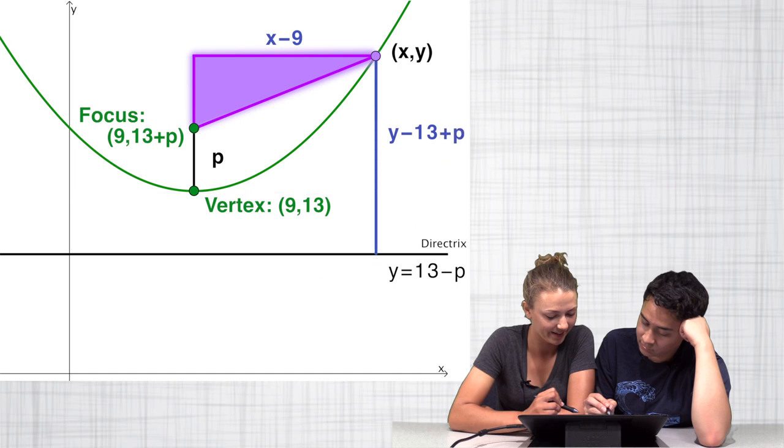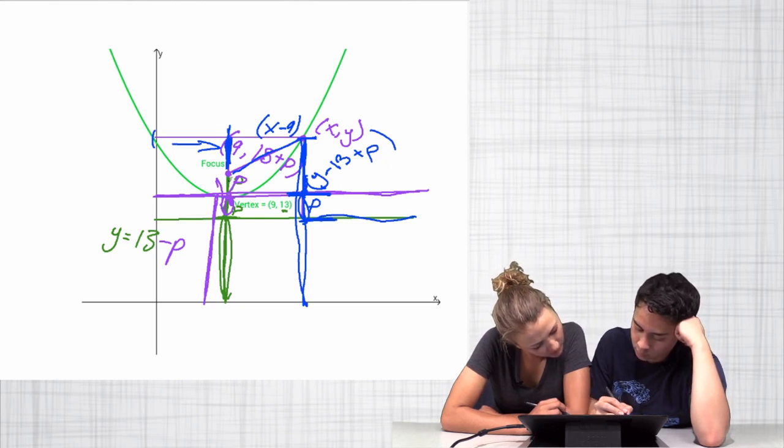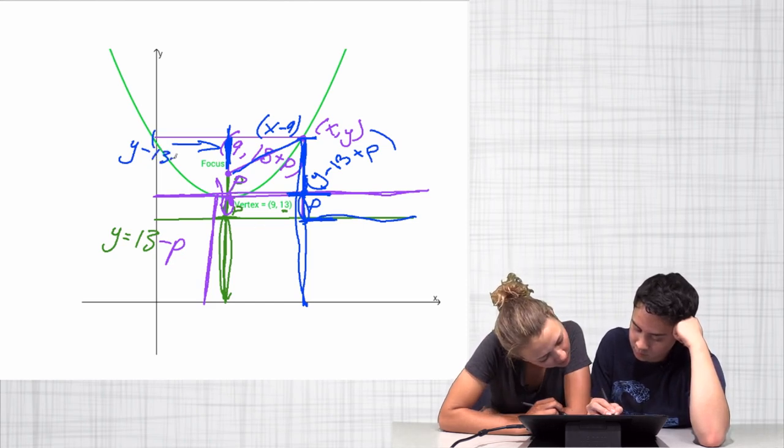Next, Sasha and Keoni find the length of the other sides of the right triangle. So for this distance, from here to here, it will be y minus 13 minus p.